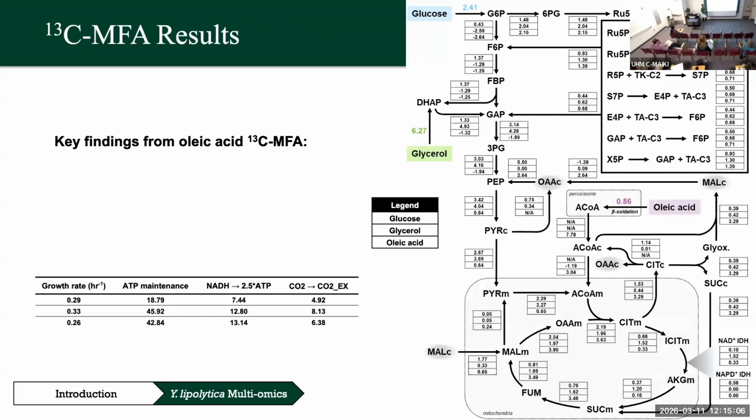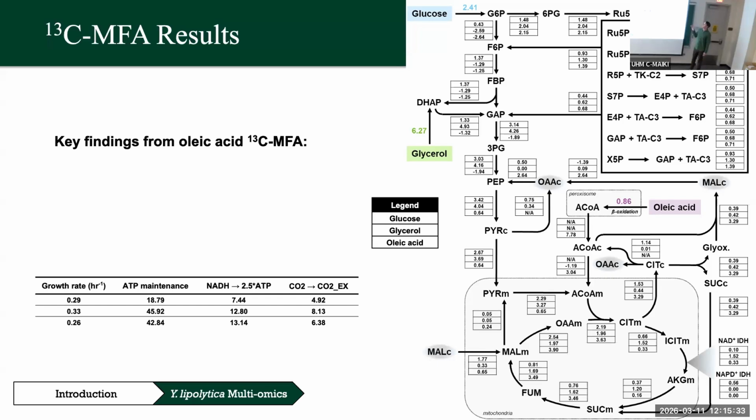It's a little bit overwhelming, but I'll try to walk through it. This top right here on the left, that's glycolysis. And here's the TCA cycle in the mitochondria. And this is the pentose phosphate pathway. Every reaction has three numbers, and those three numbers correspond to the reaction rate in glucose, glycerol, and oleic acid.